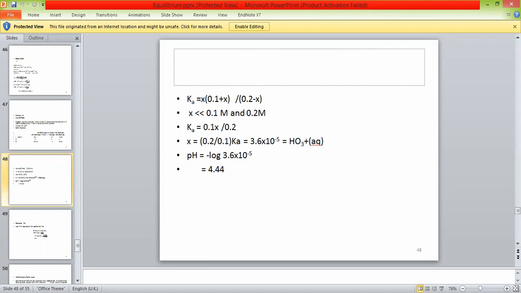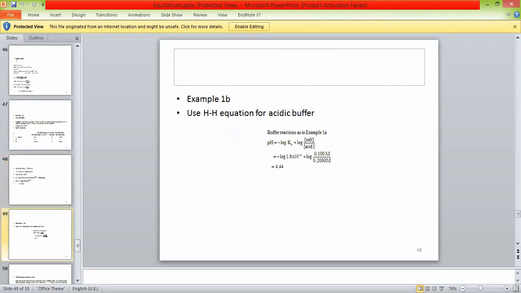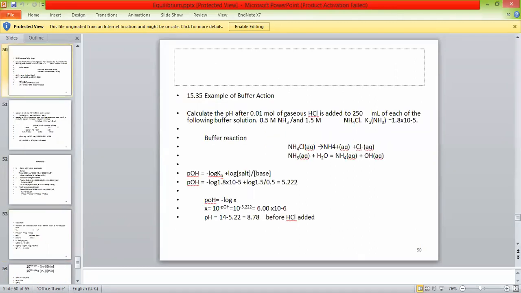But if they specify, like in this particular example, you have to go by that particular method. That's why they've given this method first, and then used the HH equation. This is what I'm just explaining to you. They've used this equation to do the calculation, and they found that it's 4.4. So irrespective of which method you use, the answer is always the same.